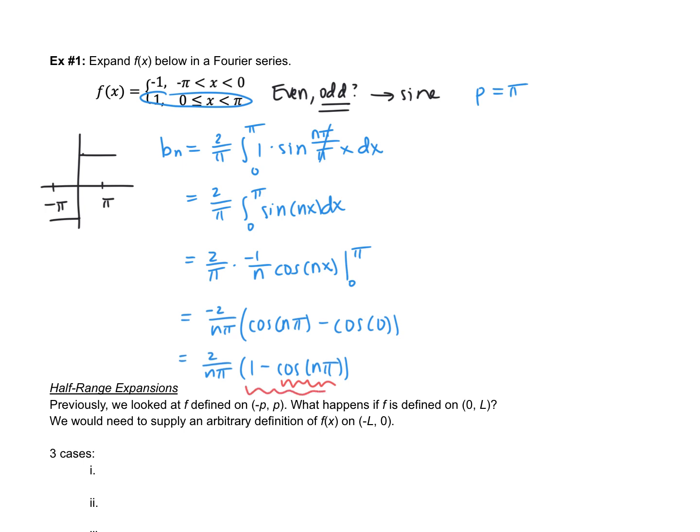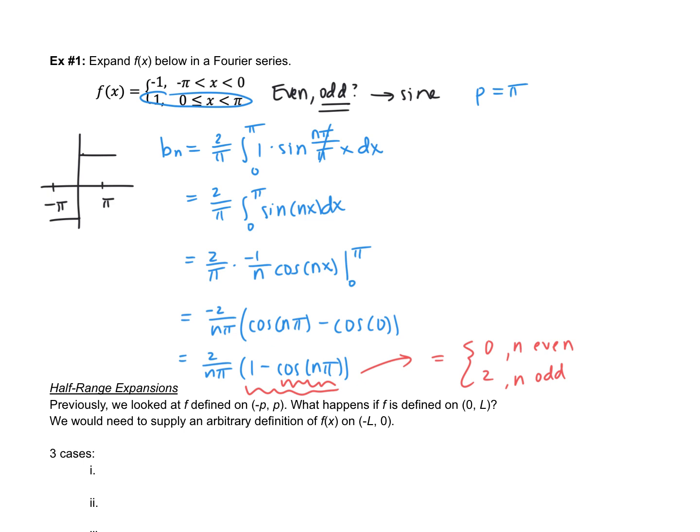Well, for all of this that I just underlined, if n is even, let's plug in a value of n that's even. If we plug in 2, we get cosine of 2 pi, which is just 1. So anytime n is even, that entire underlined portion will be 0. If n is odd, like we plug in n equals 1, we get 1 subtract negative 1, so we would end up with 2.